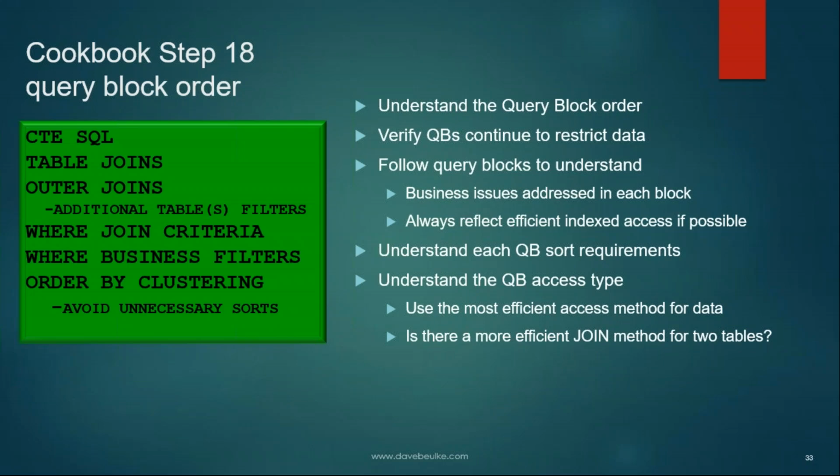You want to get all of that business criteria into one CTE, design it, test it in a small test environment, validate all the business requirements, and make sure that you understand all the query blocks that are happening. This is where you move the SQL around so that you get the most restrictive business issue first, and you reflect efficient business access. So get all the business issues settled in a plain old CTE.